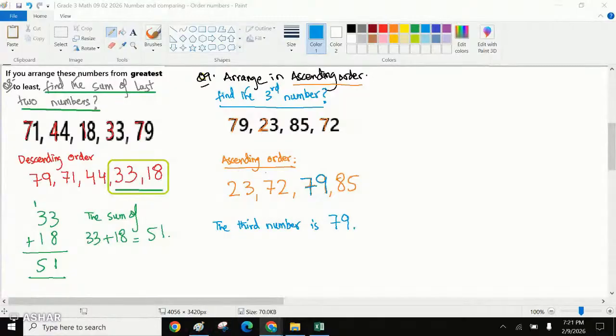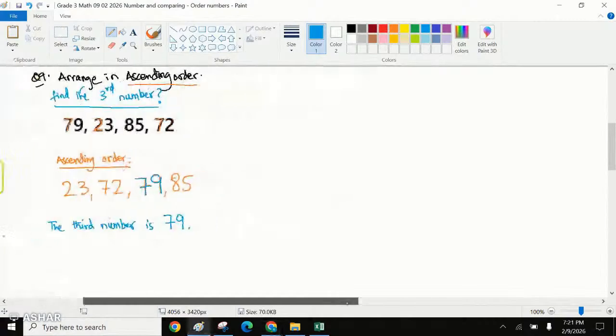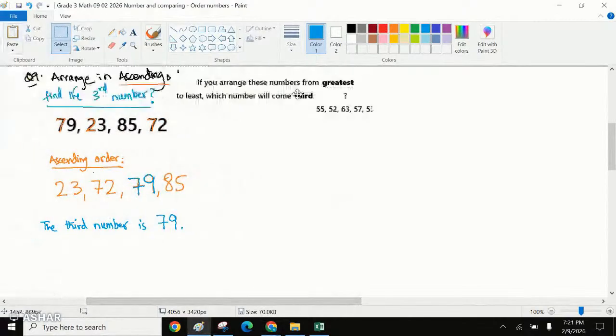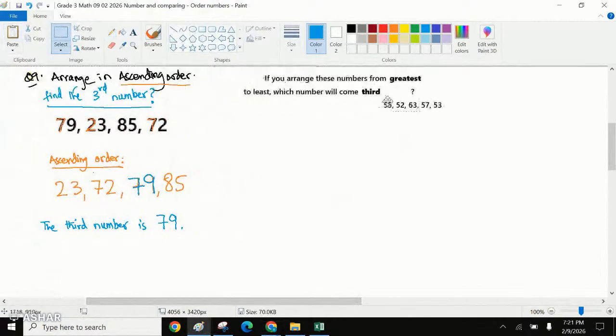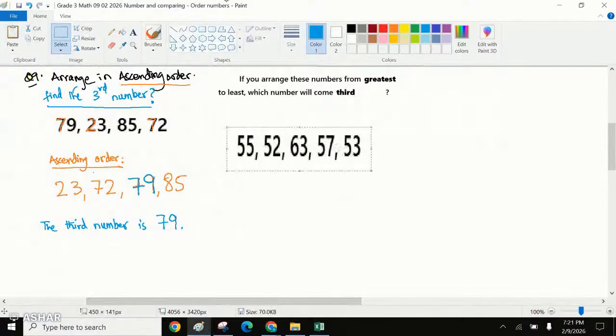Moving ahead to the next question, they're asking us if these values are given to us. I'll change the question a bit. I'm changing the question, okay? Please wait.